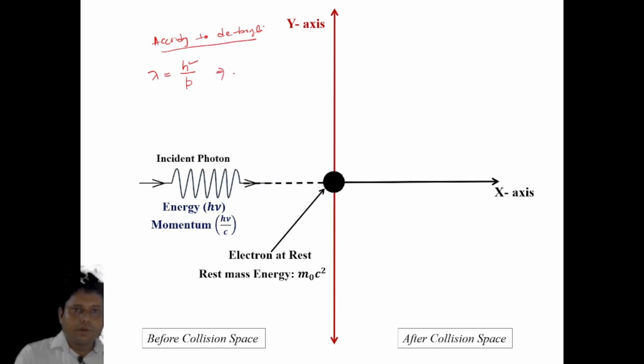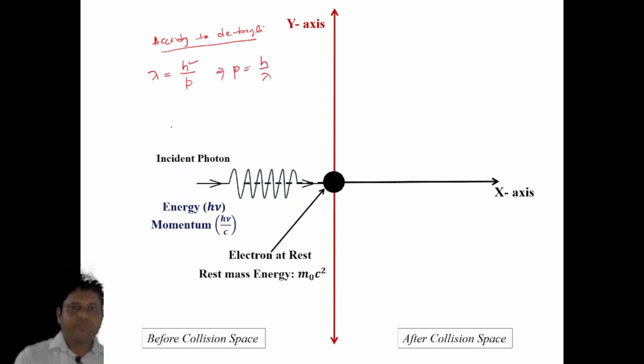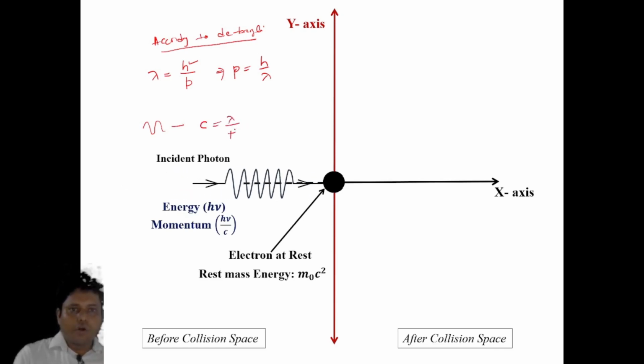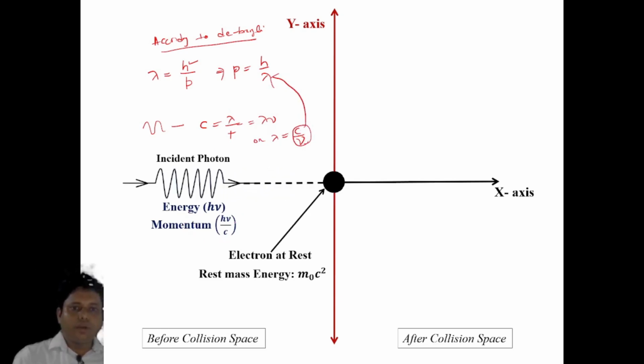That implies momentum p will be equal to h by lambda. For a particular light wave, the speed of light is c equal to lambda into mu, or lambda is equal to c by mu, that we know. If we put this value over here, then we find momentum is h mu by c.